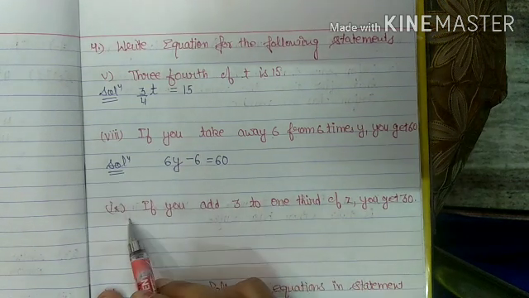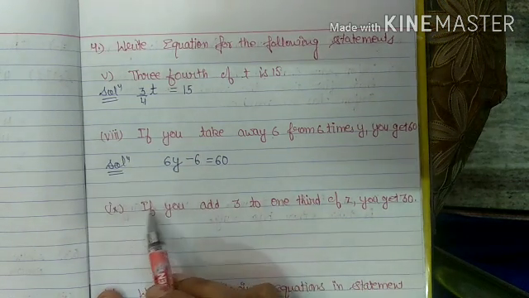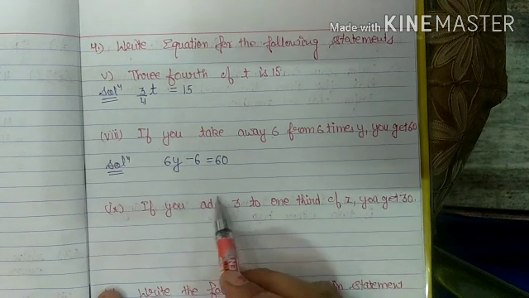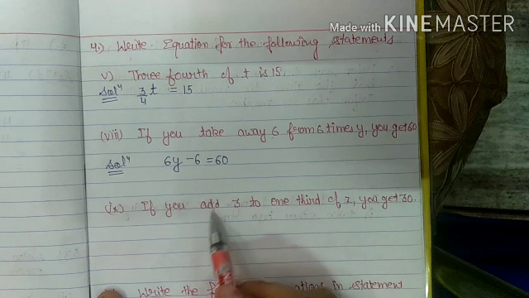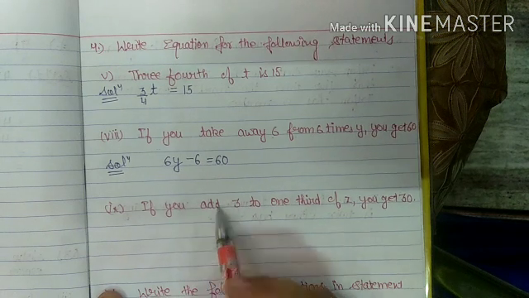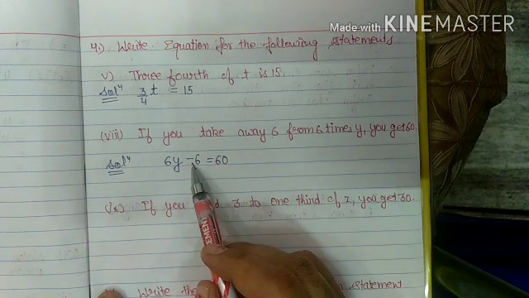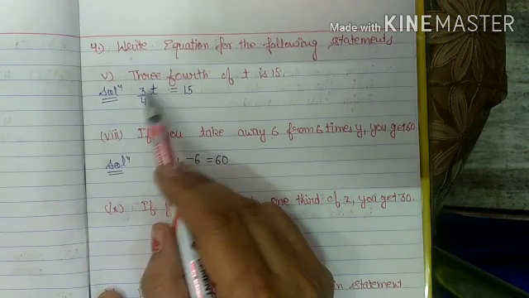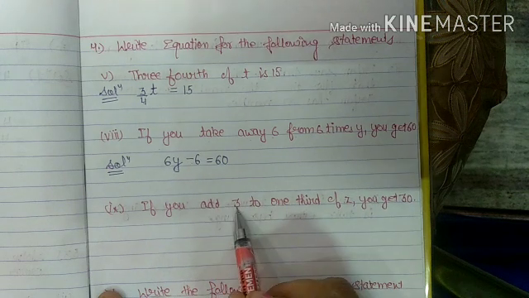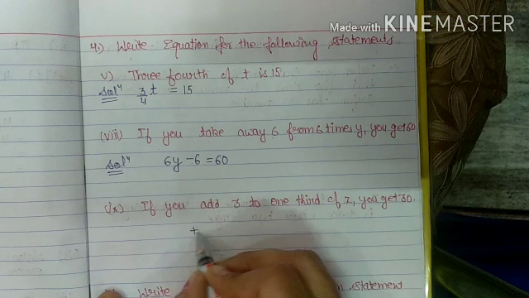Similarly, for the next part, the 9th part I have taken. Students, here you have to just read and put the symbols according to the wording only. Take away means subtraction. 3/4 means that part of t. Add 3 means you will take plus 3.